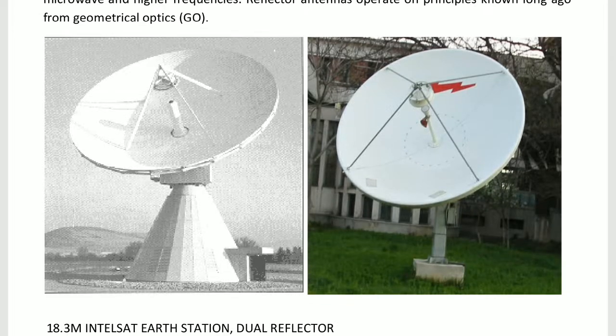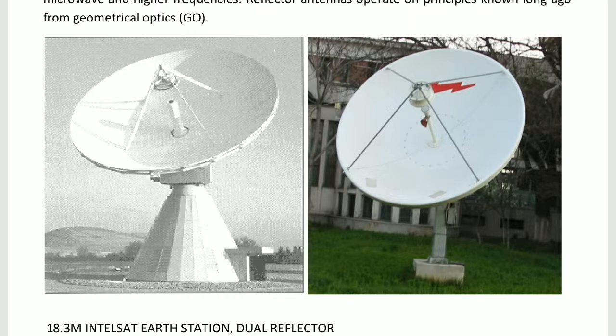So we can see two pictures of reflector antenna, where we can see there is a large surface, that is nothing but the reflector, which is in circular shape and which has a curved structure. Both the pictures have a reflector and the feed antenna at the focal point. The focal point is a center point of this reflector.